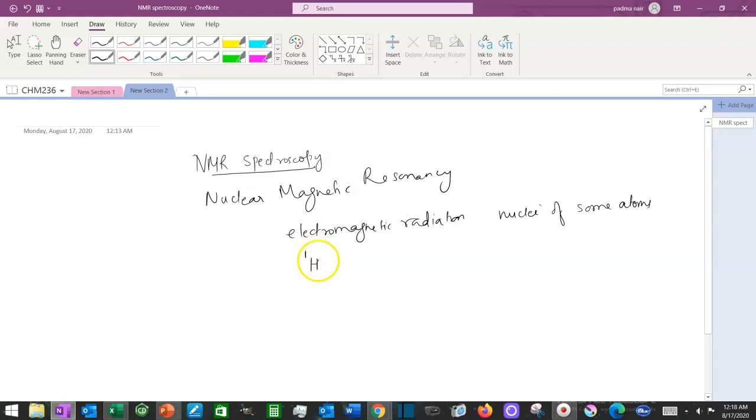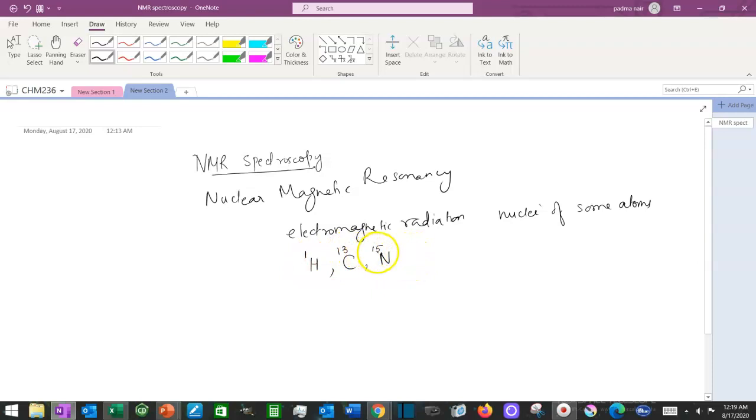Hydrogen has several isotopes. This isotope, called protium, is NMR active. That means if you have hydrogen in your molecule, then you can detect it. Carbon 13 is NMR active, not carbon 12. Another NMR active nucleus is nitrogen 15.